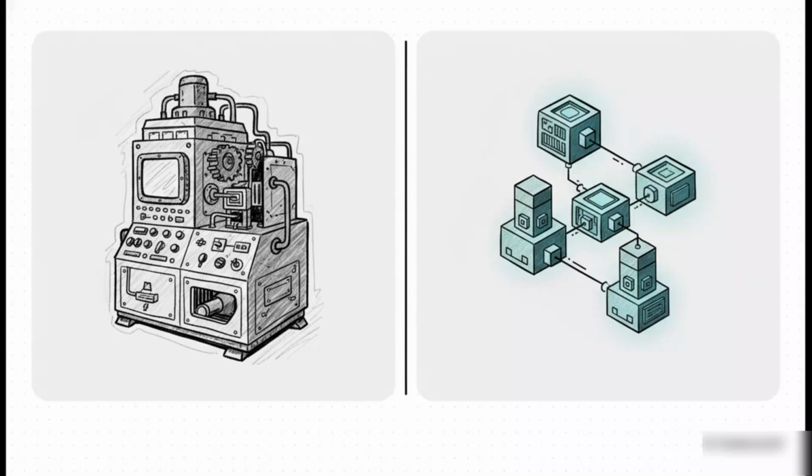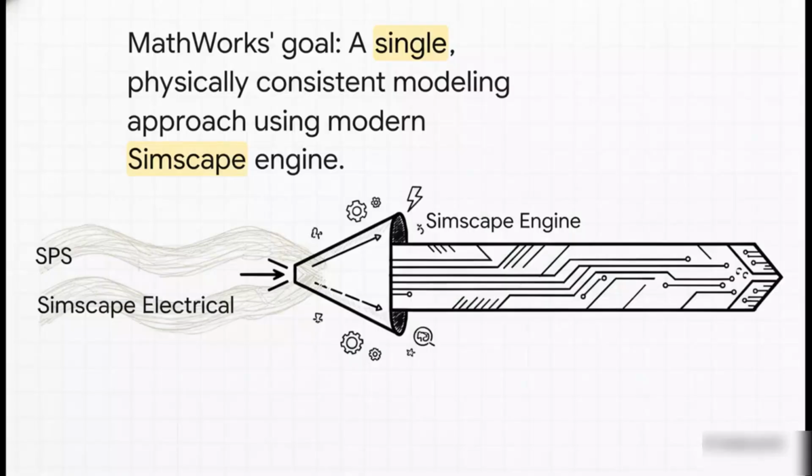It had its own boss, the Powergui block, and its own way of doing things. But then on the other side, you had the more modern Simscape Electrical, built on a much more general-purpose physical modeling engine. MathWorks' goal was to finally end this split personality. They wanted one single, consistent modeling approach that uses that powerful modern Simscape engine. The one that understands physical units, allows for cleaner modeling, and integrates better with hardware. The old SPS library just didn't fit into this new vision.